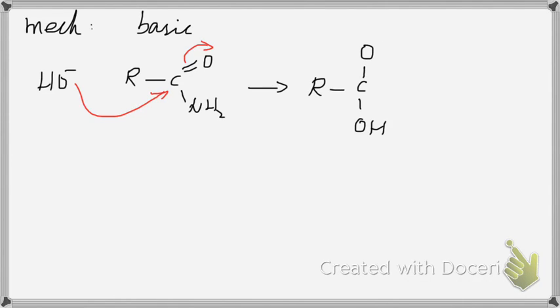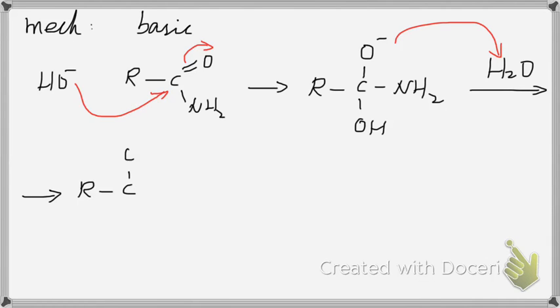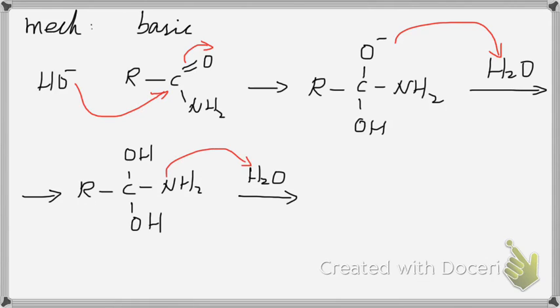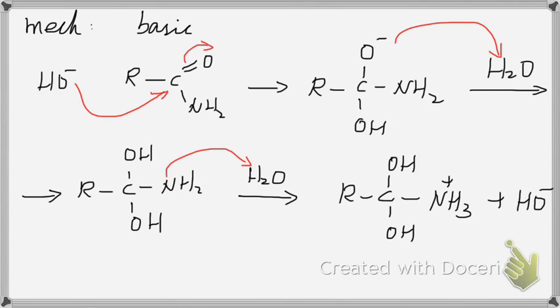Then it will form the tetrahedral intermediate. The O- here can pick up a proton from the solution to become an OH group. The NH2 group can get a proton from water to become a protonated amino group.